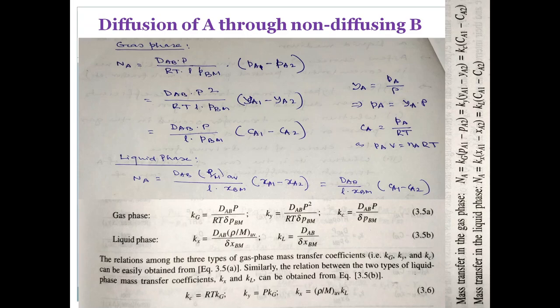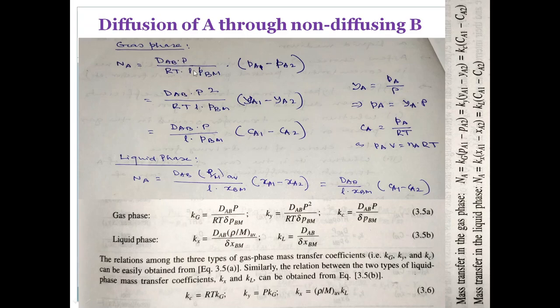Because if in a problem the driving force is given in terms of mole fraction and the mass transfer coefficient as kg, then you have to use ky, not kg, because there is a difference between kg and ky, and this is the way you can calculate this.